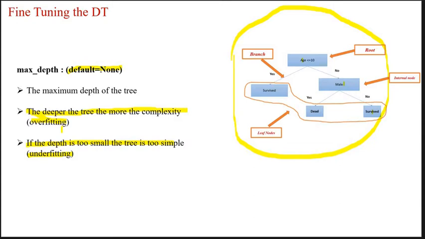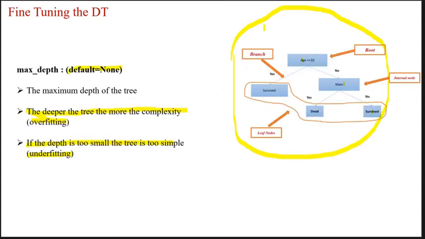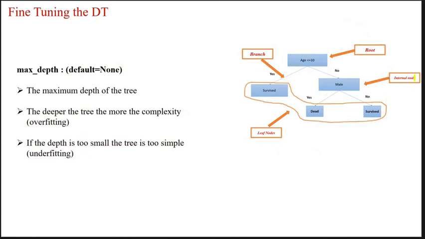Okay, let's look at the minimum samples split. So this is the minimum number of samples required to split an internal node. We've discussed this example for the decision tree introduction, so this is just a review of what we did. The reason I'm showing this is just to make sure you know what these definitions are.